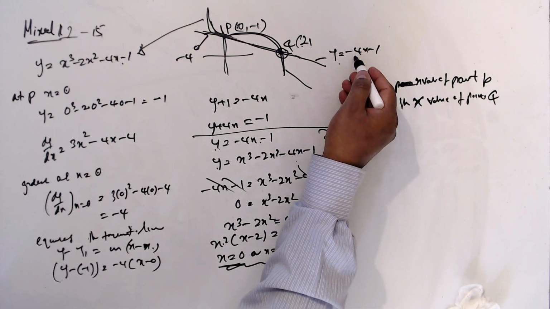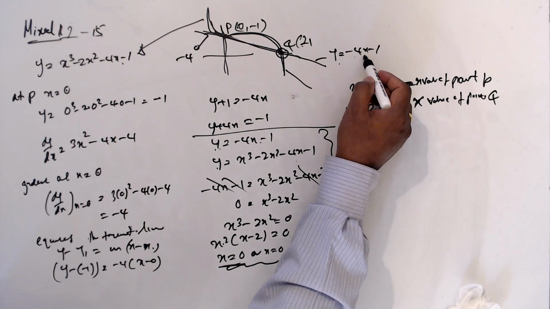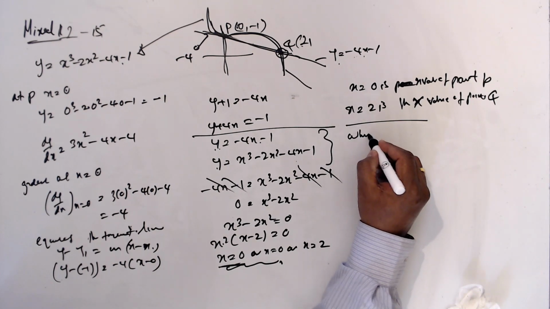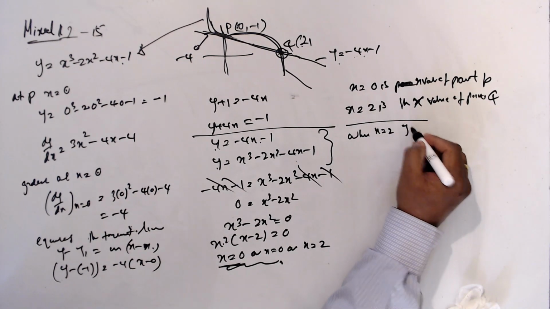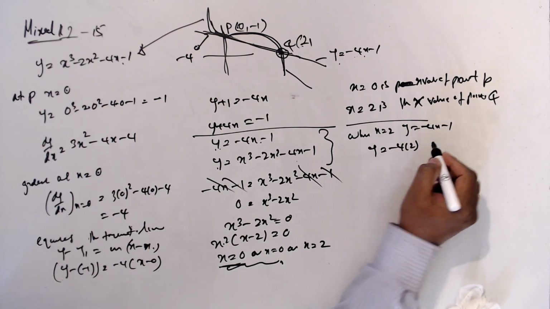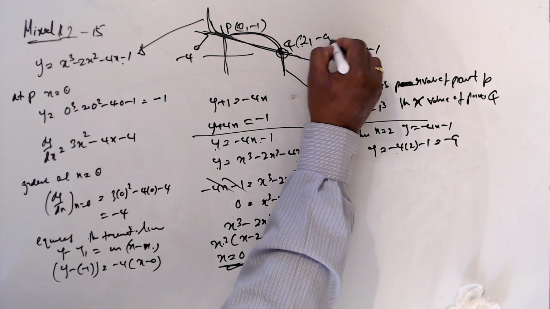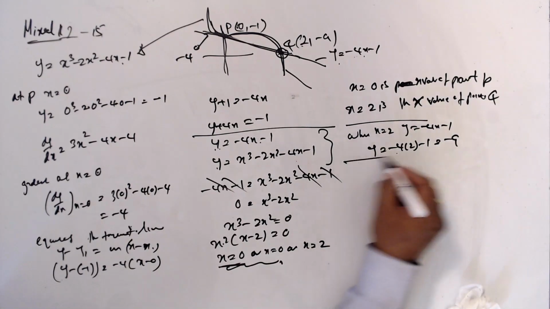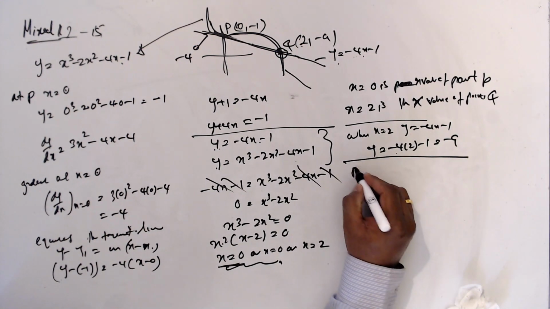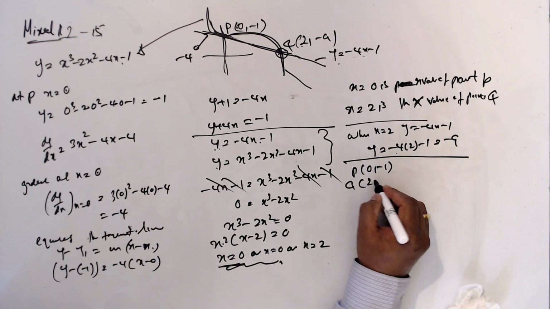So I will substitute into this one, minus 4x minus 1. When x equals 2, y equals minus 4 times 2 minus 1, which is minus 9. Now we have P (0, minus 1) and Q (2, minus 9).